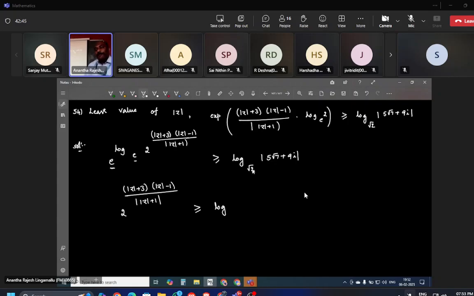How can I write now? 2 power 1 by 2. This 1 by 2 comes outside as 2; this 2 can I give to this fellow? So this becomes log of 5 root 7 plus 9i whole square to the base 2. Are you understanding this? Now how to solve this one?